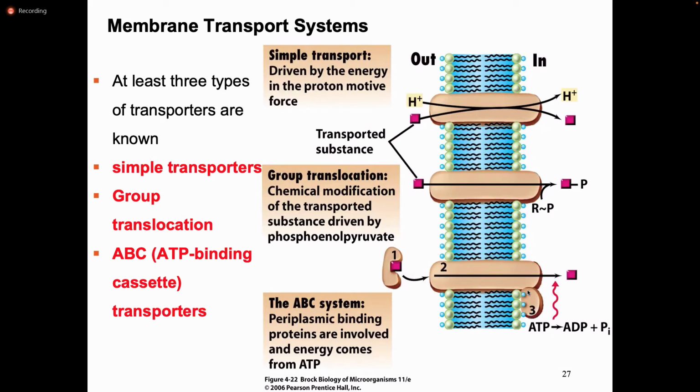This cassette provides the energy for the transport protein, the major integral protein, to bind this peripheral protein, the outside protein. The outside protein binds a substrate and transfers it to number 2, the integral protein. The integral protein changes its conformation, and with the energy provided by number 3, the ABC ATP binding cassette, it gets the molecule into the cell.